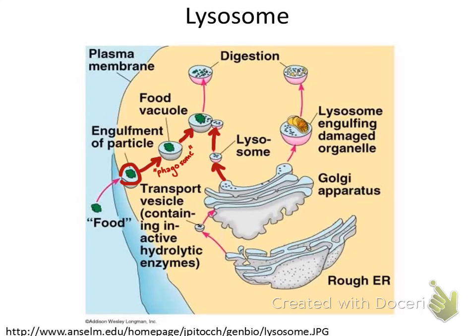Often this includes large macromolecules that the cell is going to need to break down as food. So the early or primary lysosome, which is what we call it when it is just formed from the Golgi, fuses with what we call a phagosome, and it can start breaking down all those macromolecules with all of its hydrolytic reactions. And so that's digestion.